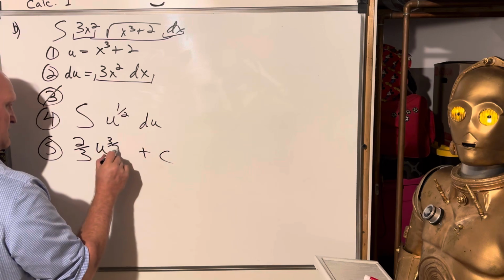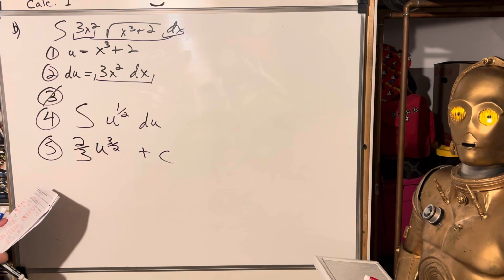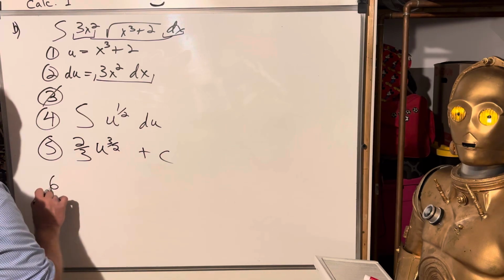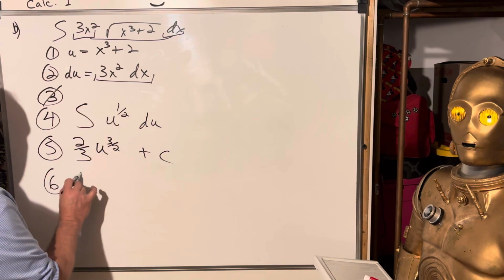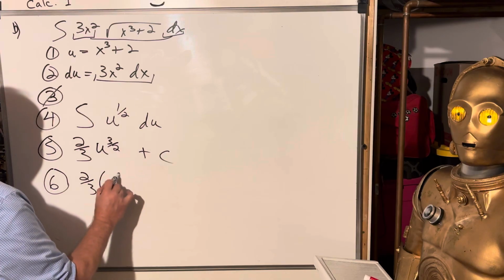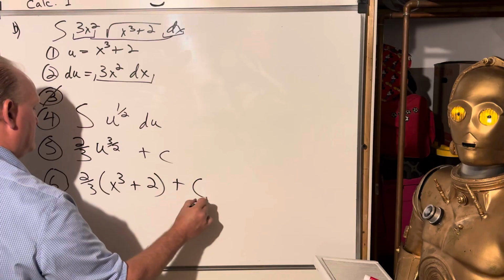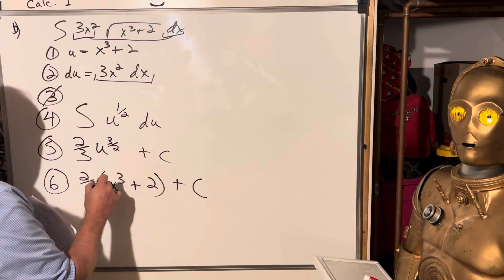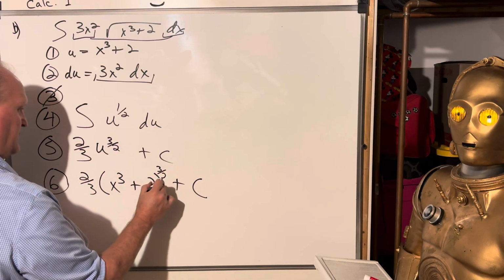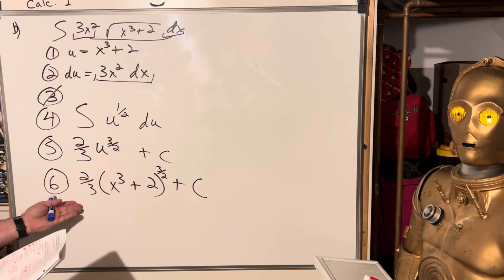Kind of crazy too. All right. And then number 6, put that back in. So we got 2/3 times x cubed plus 2, plus c. Oh, to the 3/2 power. Ooh, don't forget that. That's kind of important. All right. There's our integral.